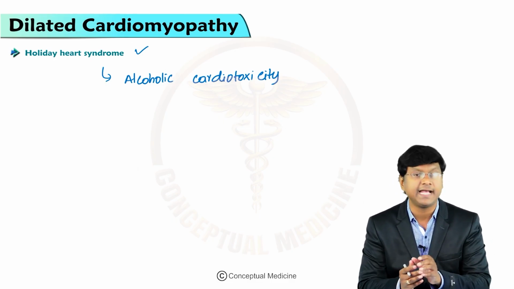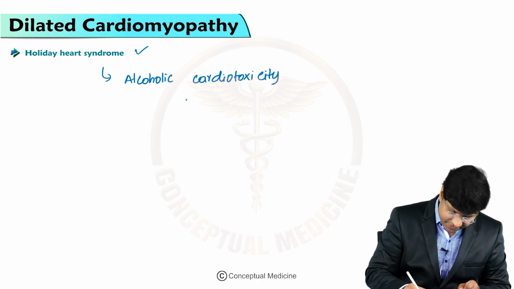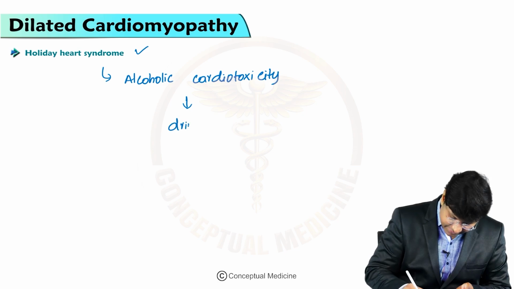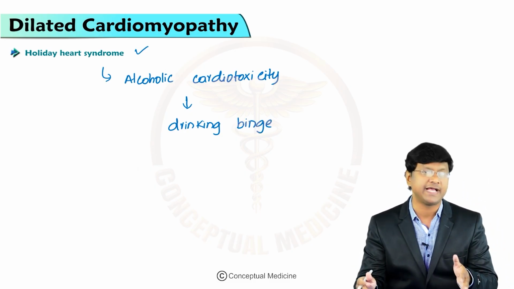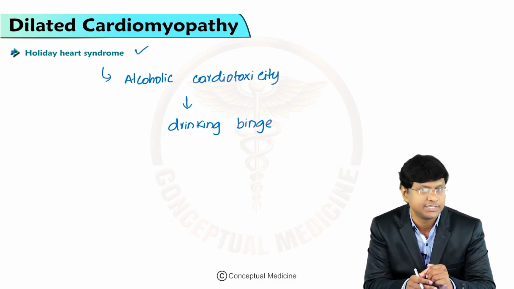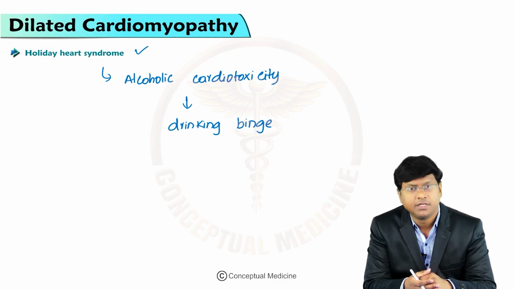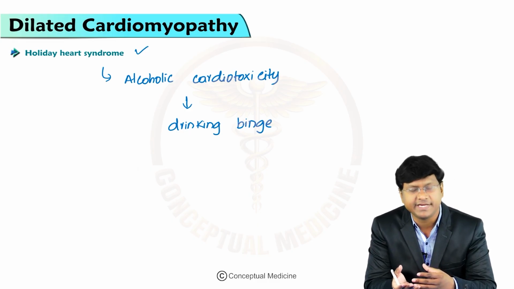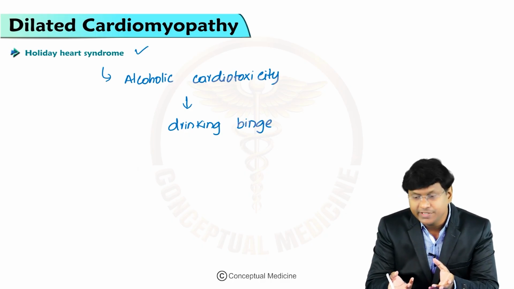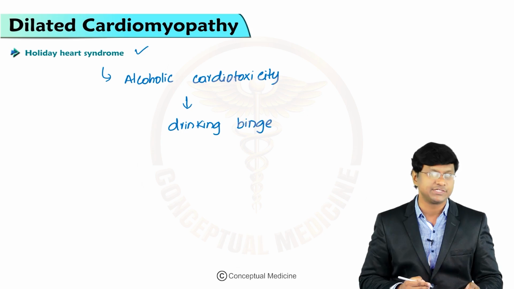It is a form of alcoholic cardiotoxicity, and this appears after drinking a binge. After consuming a large quantity of alcohol, the individual can develop this alcoholic cardiotoxicity, which is nothing but holiday heart syndrome. Why is this terminology holiday heart syndrome being used? Because usually it is the weekends where the individual will try to consume a large quantity of alcohol, during the holidays. So that is the reason why it is called holiday heart syndrome.